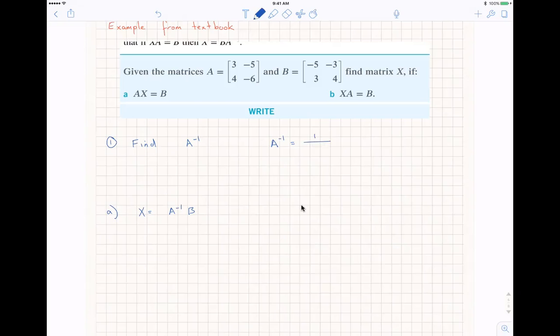A is 3 and D is minus 6, so we have minus 18, minus 5 times 4, which is positive 20. D is minus 6, A is 3, making B positive and C negative. So there's our inverse. That's just 1/2 times minus 6, 5, minus 4, 3.